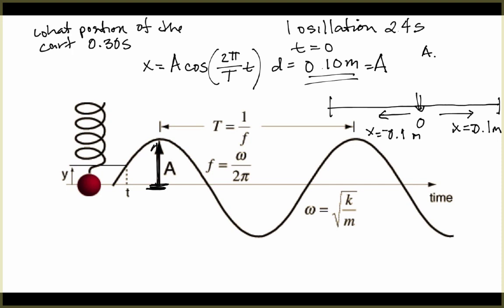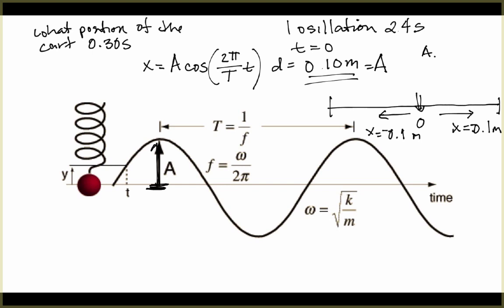So that's our amplitude. After we release it, the cart is going to oscillate back and forth between 0.10 meters and negative 0.10 meters.